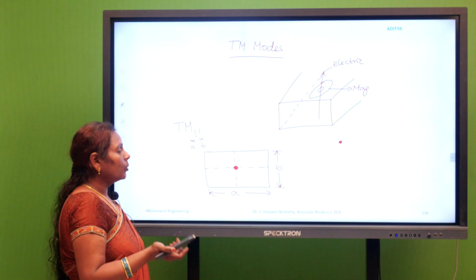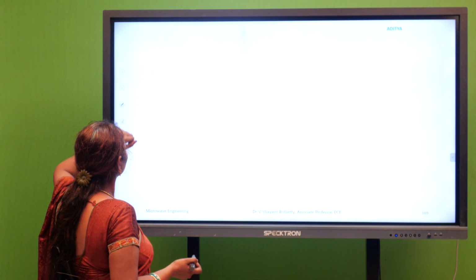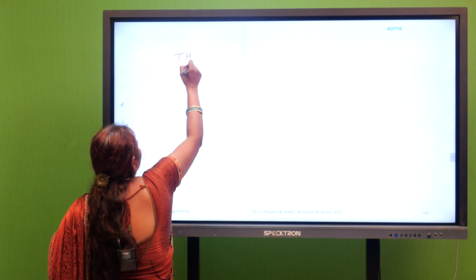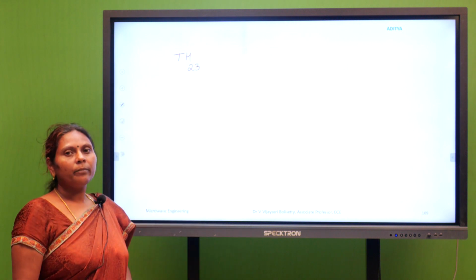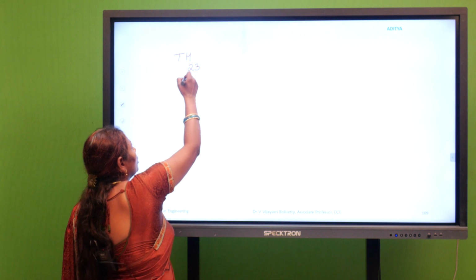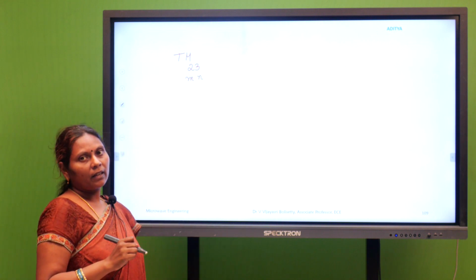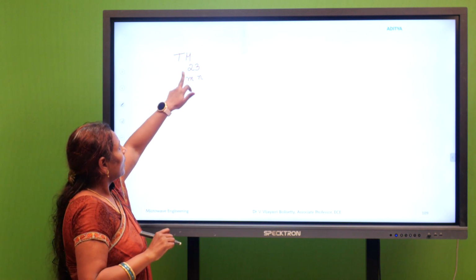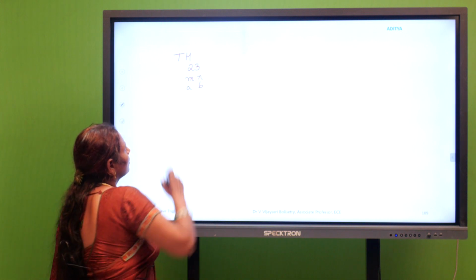Okay. Now, if we go for, say, TM23, that means 2 variations onto M and 3 variations onto N. That means 2 variations onto the dimension A and 3 variations onto the dimension B. Okay.